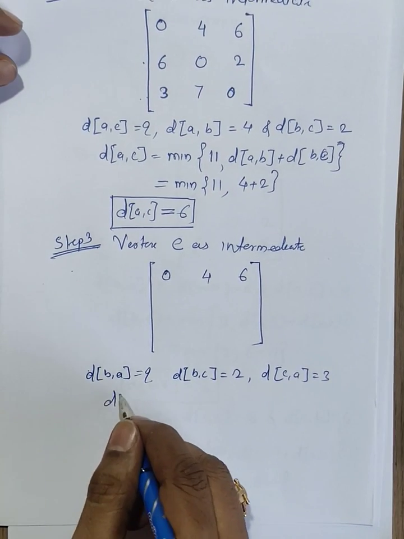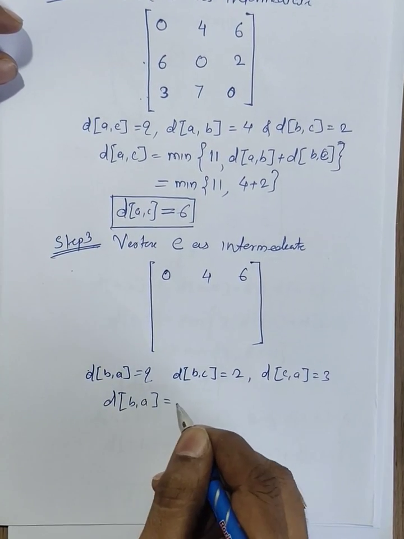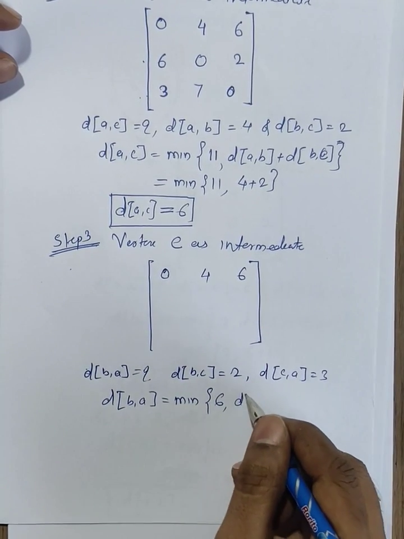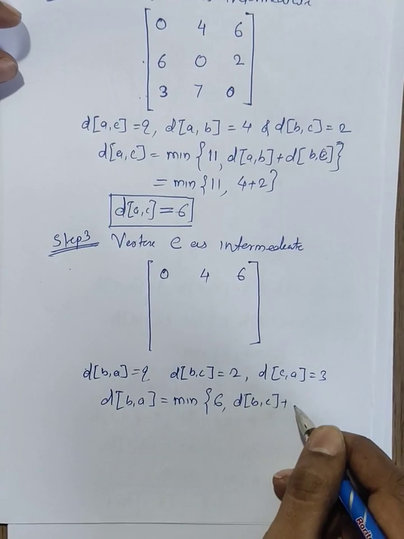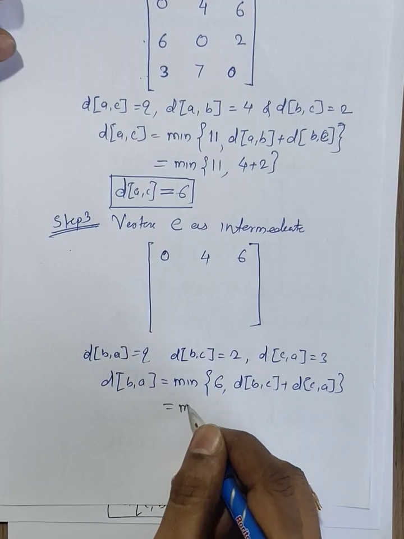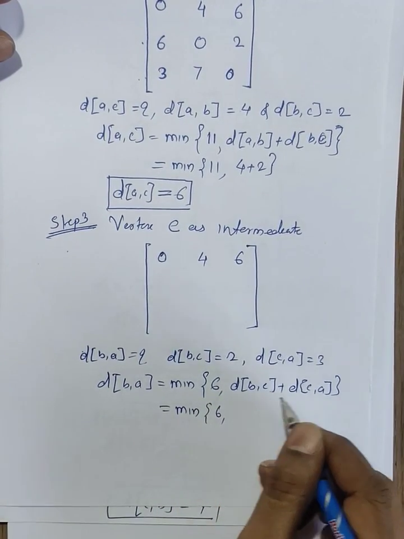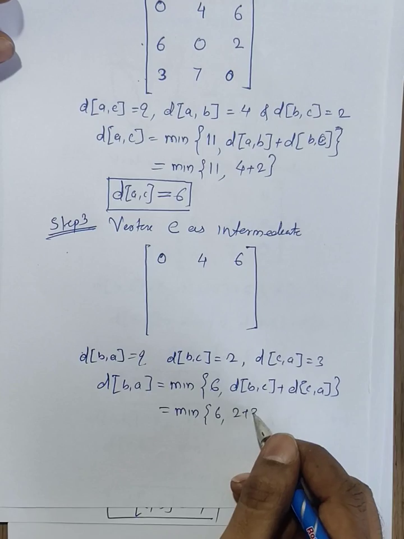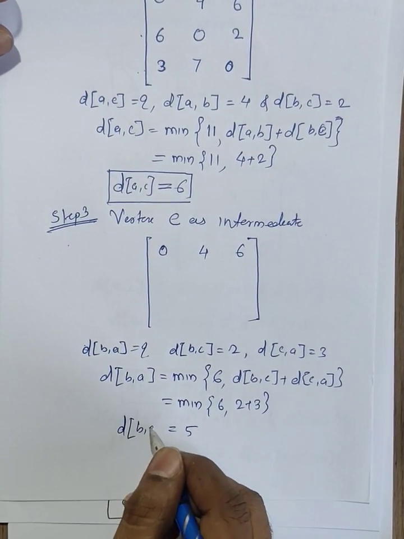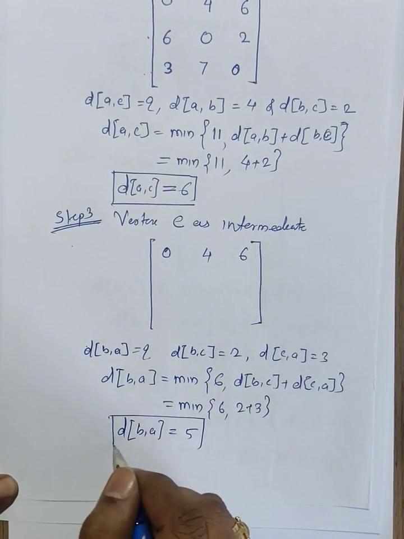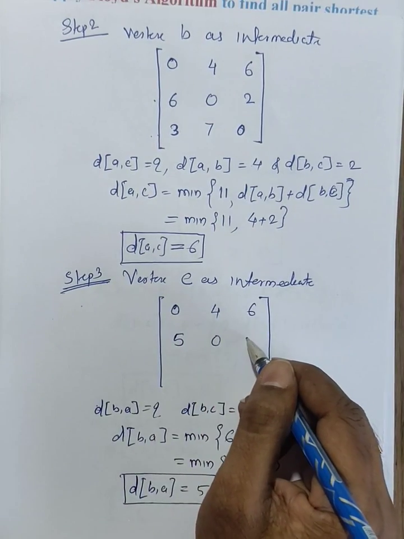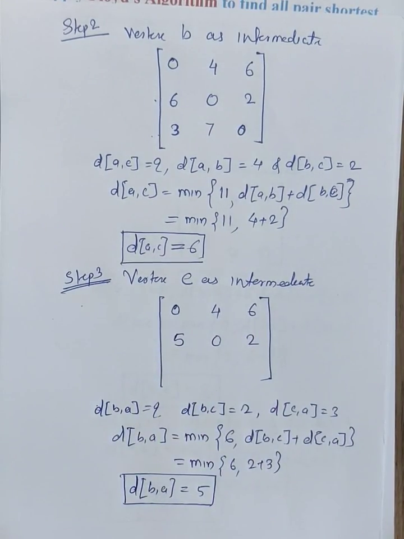And we have to find distance B to A equal to minimum distance. Previous distance is 6 and 6 plus distance B to C plus C to A. And from this, minimum distance 6 comma here 2 plus 3. This is 5. Distance B to A is 5. This value is 5. B to B is 0 and B to C is 2. You cannot change this value.